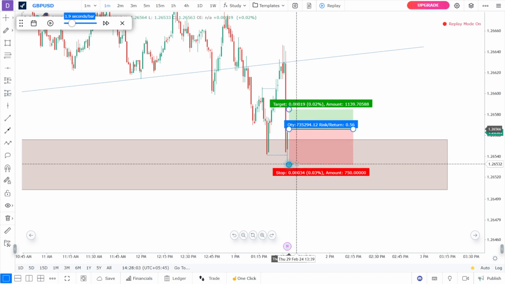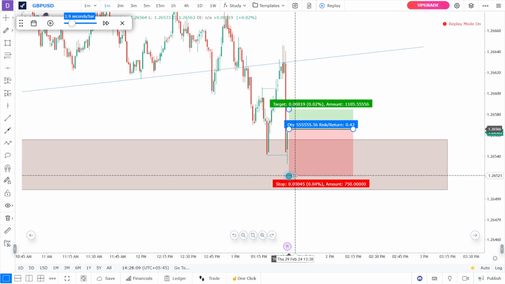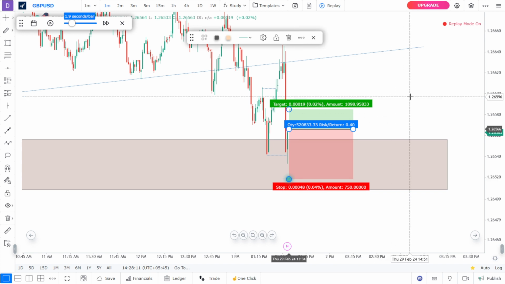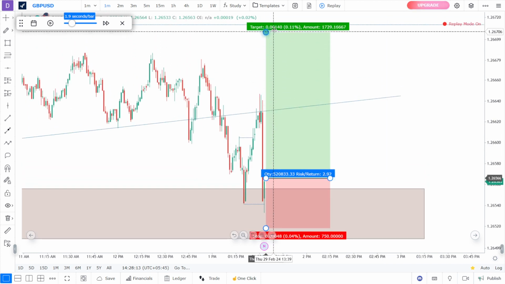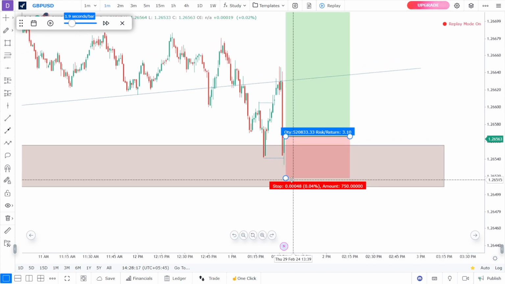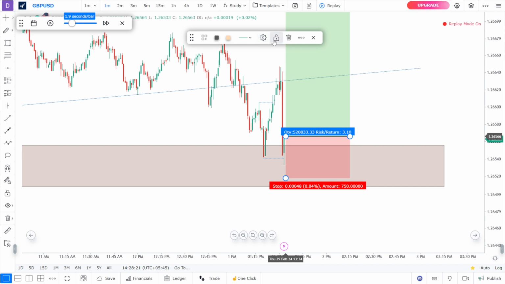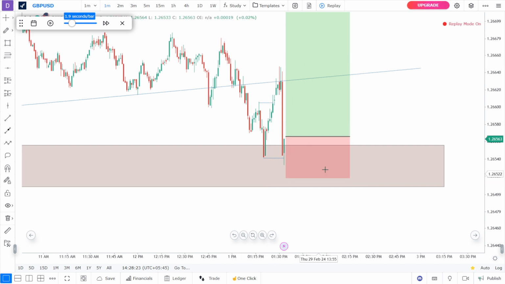Let me replay it from here. My stop loss will be 1.5 pips, so 4.8 pips, and my target will be all the way up there. You can even use a 2 pips buffer, but in GBP/USD I usually do 1.5 pips, and in EUR/USD and AUD/USD I do 2 pips. So let me play the price forward.